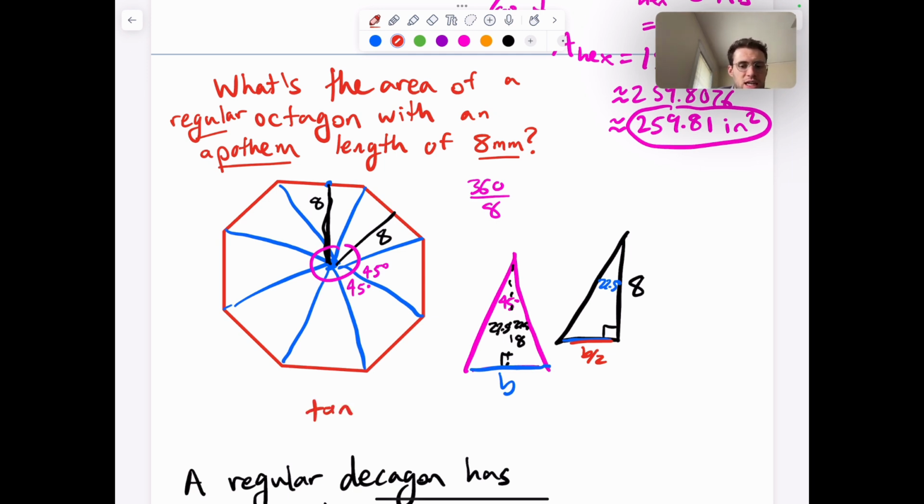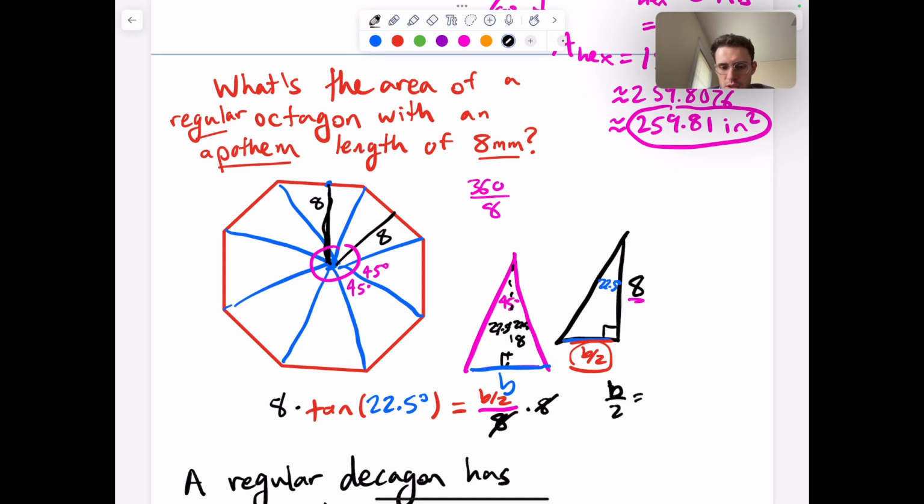We'd say tangent of 22.5 degrees is equal to this base over 2, this thing right here, which is the opposite, divided by this adjacent, which is 8. So now to get the base over 2 alone, you'd multiply both sides by 8. Cancels here, and that gives us that base over 2 is equal to 8 tangent of 22.5 degrees.